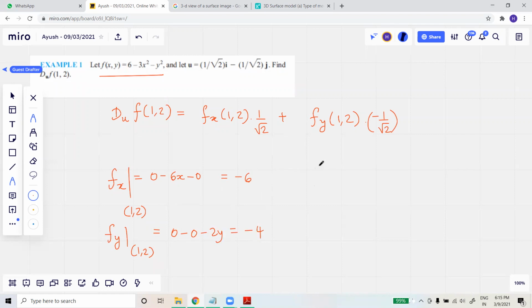Then we plug that in here. fx is minus 6 by root 2, minus 4 by root 2.